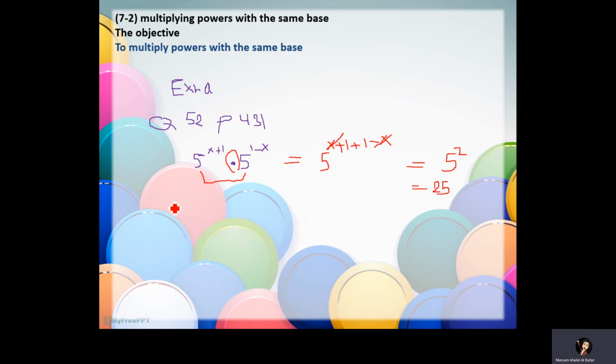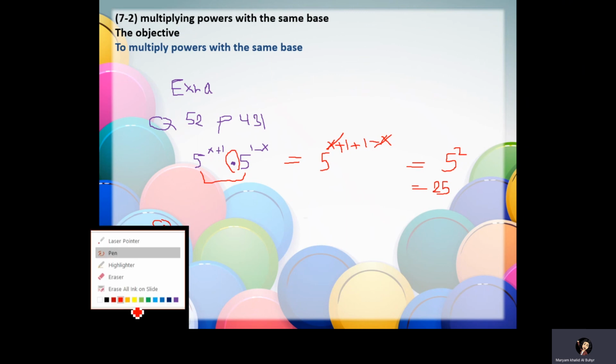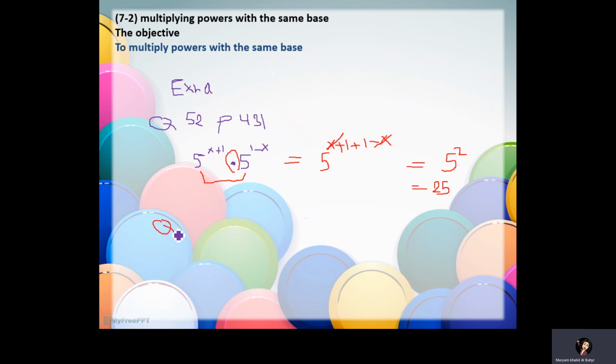One more question. If you have, again, something like this, which is a question, let me organize my work. So that is question 51.